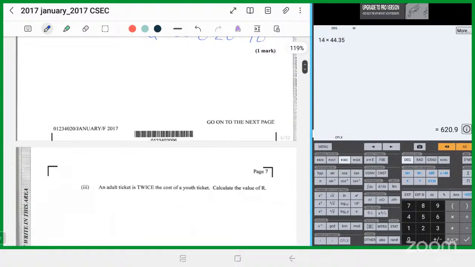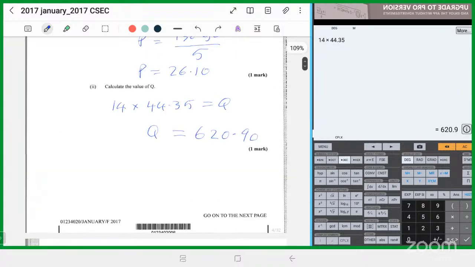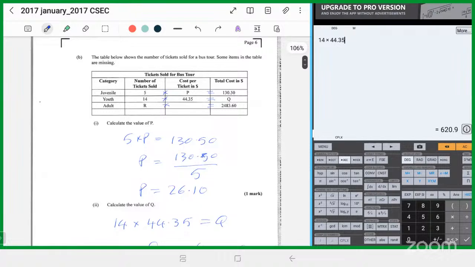Down here, it says an adult ticket is twice the cost of a youth ticket. So the adult ticket is twice, meaning 2 times the cost of a youth ticket. Now, what's the cost of a youth ticket? Youth ticket is $44.35.